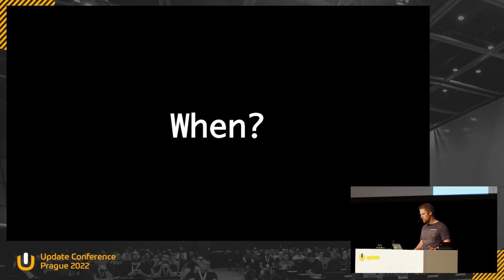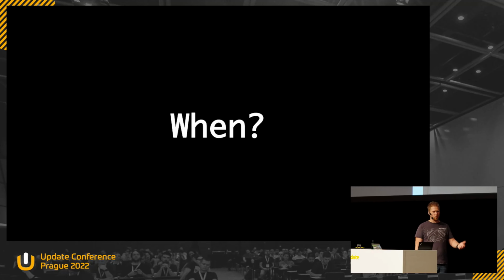What about when? Should you always go with a hybrid approach? Maybe not, because if you want a native UI, of course you should not go with Blazor Hybrid, but I will give you a few scenarios when Blazor Hybrid can be a really good idea.